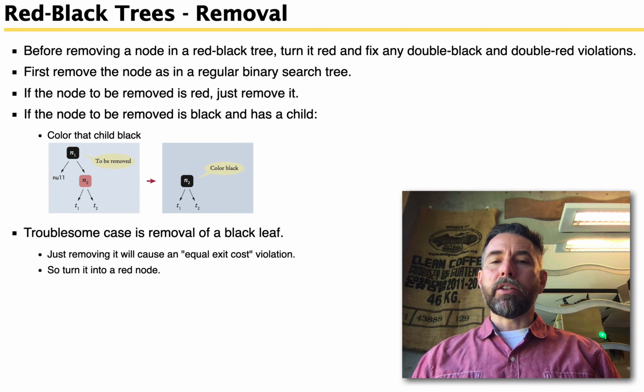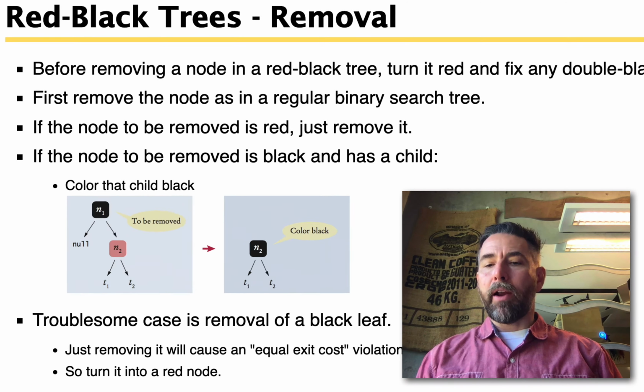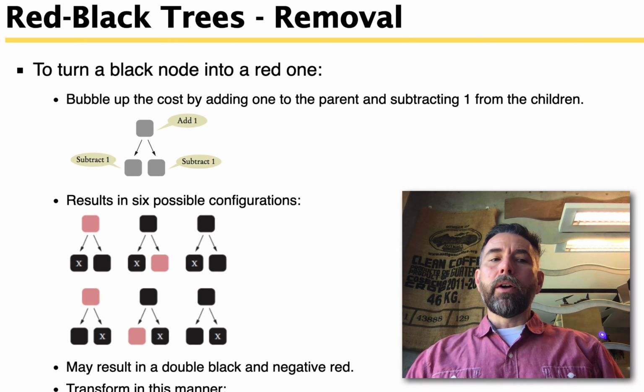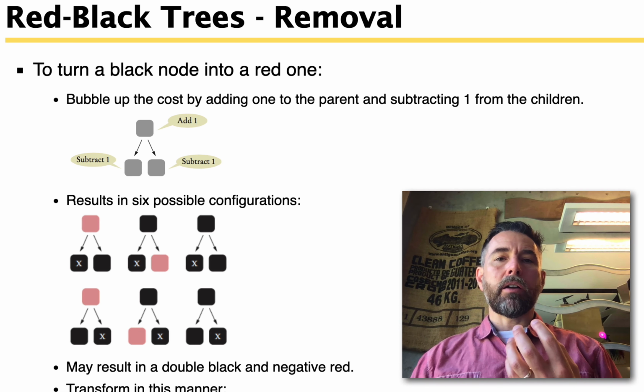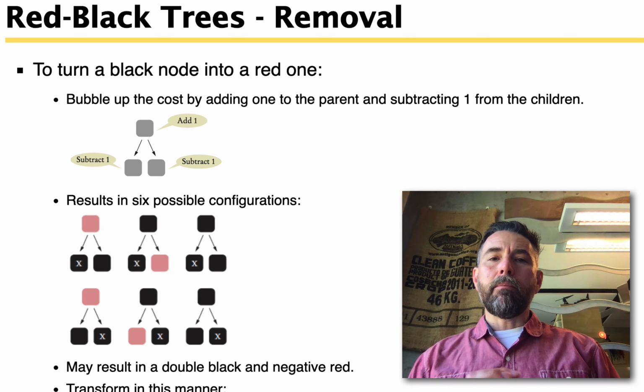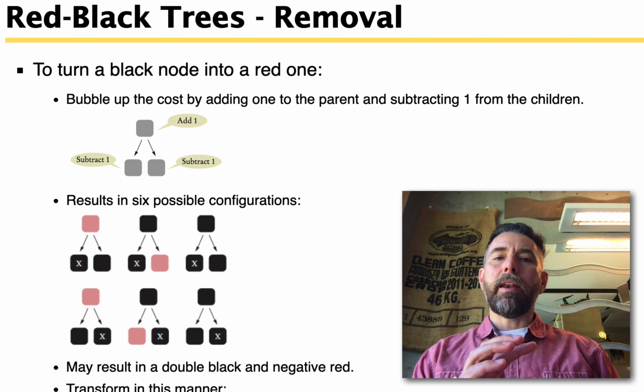First of all, we're going to turn it into a red node, and then we're going to go about repairing it. The way we're going to repair it is by taking that cost that used to be embodied in our black node and shifting it up one so that the cost is preserved up above.